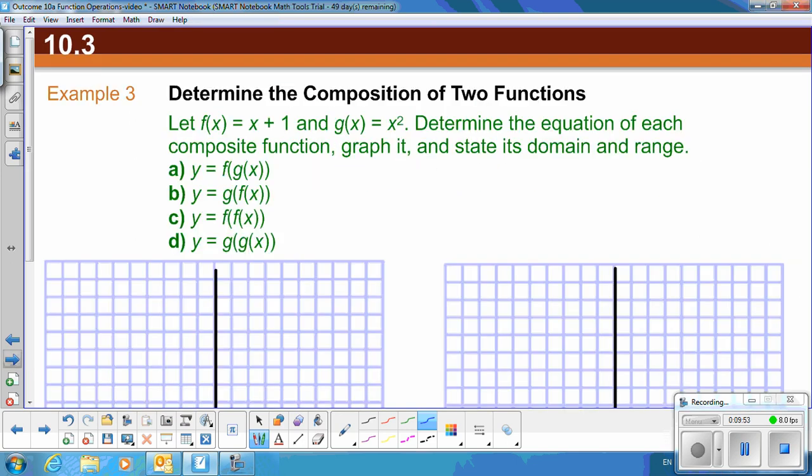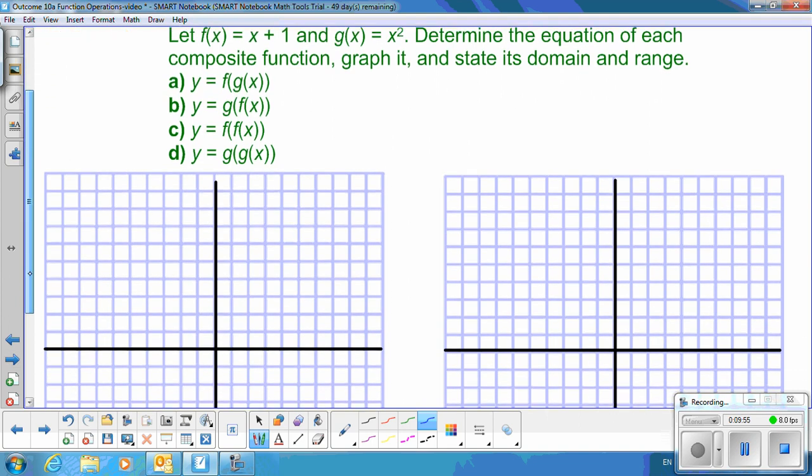Determine the composition of two functions. Let f of x equal x plus 1, g of x equals x squared, determine the equation of each composite function. So if we're determining the equation of f of g of x, we're going to substitute in g of x, so substituting x squared in for x.